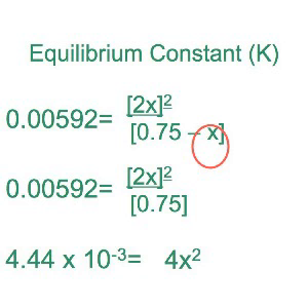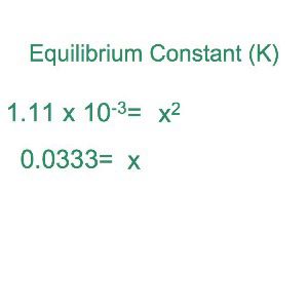Alrighty, well remember we kicked out the minus x that was attached to the 0.75. So what we now have to do is test the 5% rule. And in testing the 5% rule, we're asking ourselves, is what we removed less than 5% of the smaller initial value?